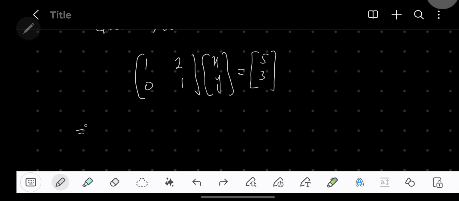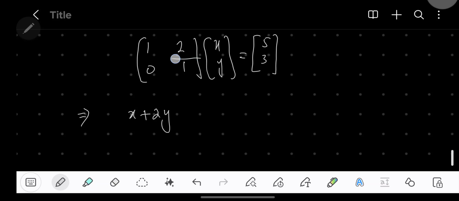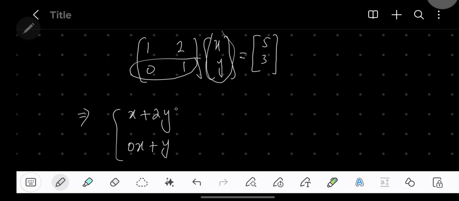If you multiply this matrix with this matrix, you have to multiply this row with this column. That means 1 times x plus 2 times y. And then you multiply this row with this column. That means 0 times x plus 1 times y, which is equal to 5 times 3.